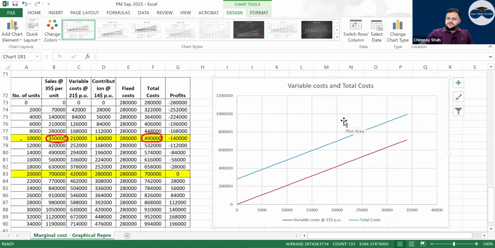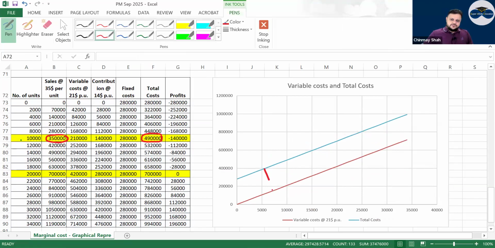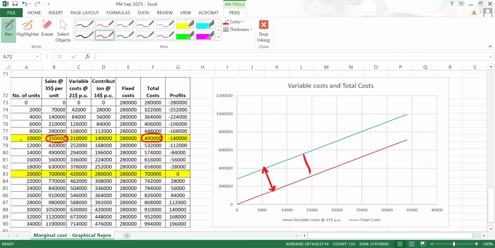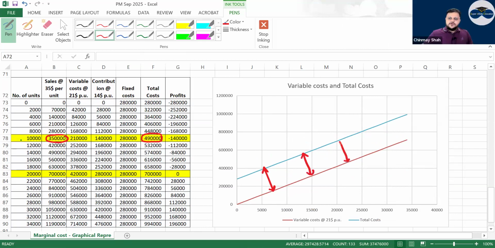Now have a look at it. What is the relationship between variable cost and total cost? Direct relationship. Are they both parallel to each other? Sir, if variable cost goes up, total cost goes up. Are they going up in the same proportion? No, sir.